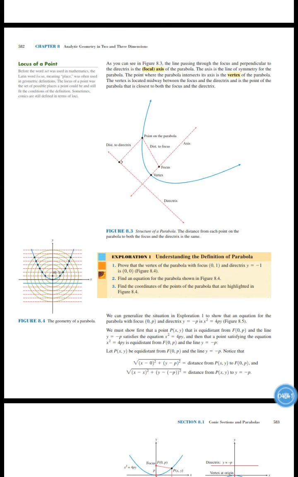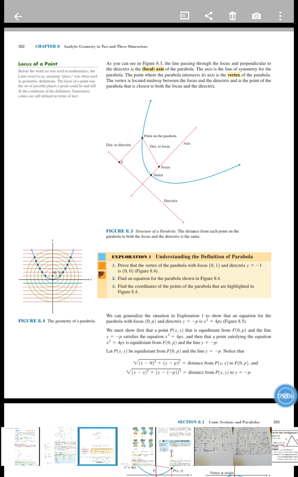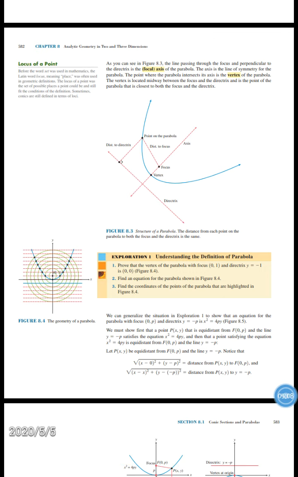You guys are familiar with the parabola because we learned the quadratic function, right? But the names are a little bit different because we're in terms of conic sections. If you think about the quadratic function, it has an axis of symmetry, right? That's what we call the axis, and then we have a vertex, right?